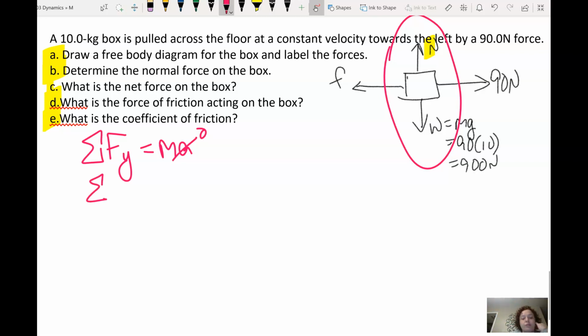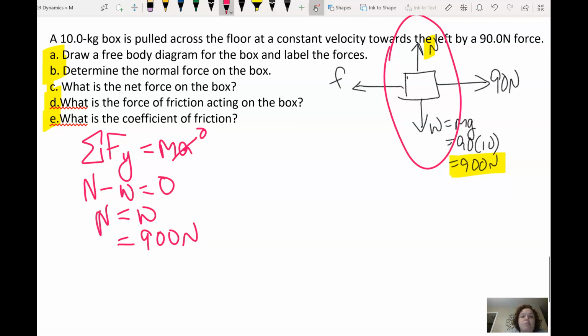So the forces that we have, the normal force going up minus our weight force going down, is equal to 0. This means that our normal force is equal to our weight. And we already solved that over here. So our normal is equal to 900 newtons.